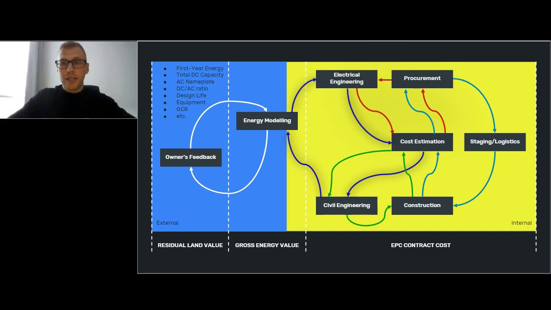Then the civil engineers say it's impossible. If it's physically impossible to place the trackers equal to 180 megawatts of power, then that's it. But in most cases, it is physically possible, it's just a matter of how much money you're going to spend on doing civil grading or doing electrical engineering, for example. So yeah, we'll talk about it very soon.